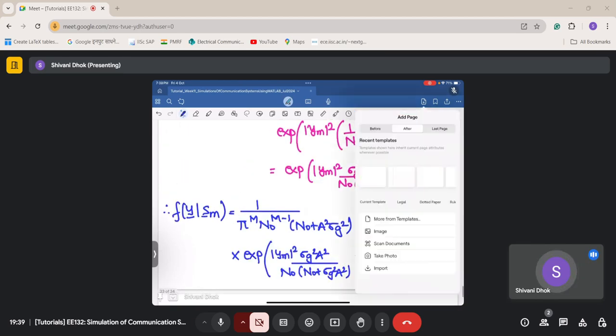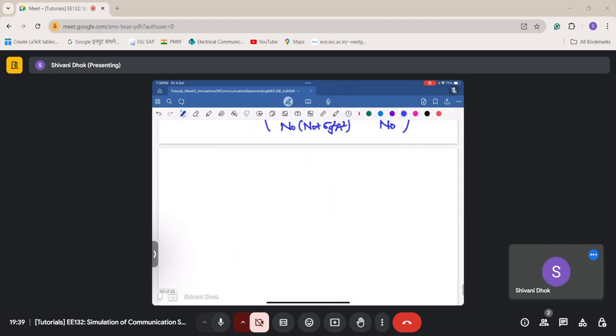And what is my ML decision rule? ML rule is to decide in favor of m hat, which will give me the maximum over m of f of y given Sm.